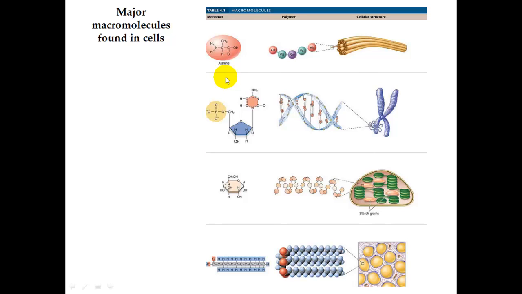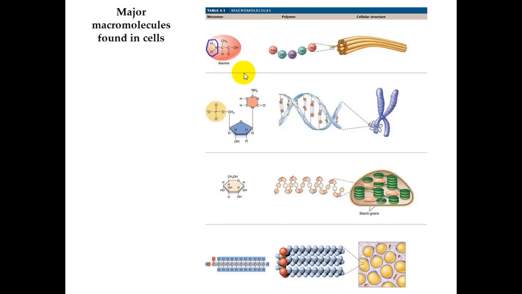So first, if we start with this one right here, hopefully you recognize this as a molecule called an amino acid. And if you didn't recognize it, there's a way that you might be able to sound it out based off of other things that you know. If you consider this portion on the far left, you see that there is a nitrogen atom bonded to some hydrogen atoms, and you might remember that the name of that chemical group is an amine group.